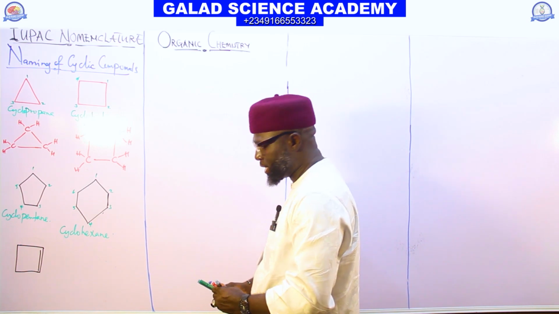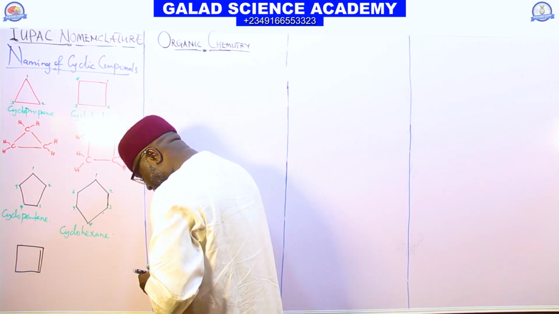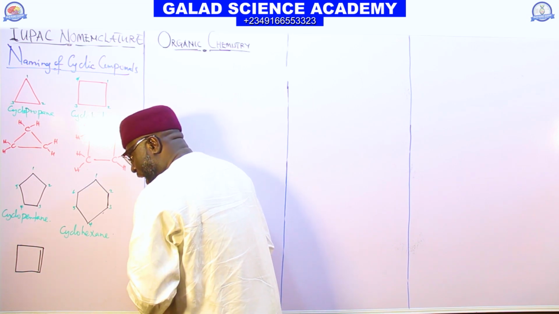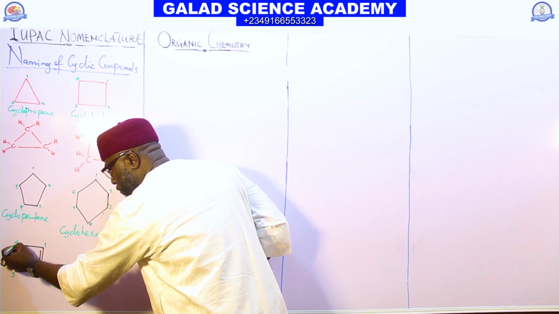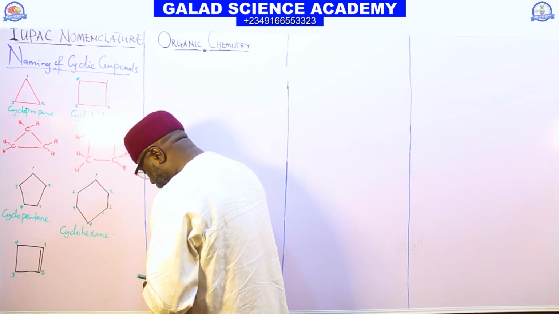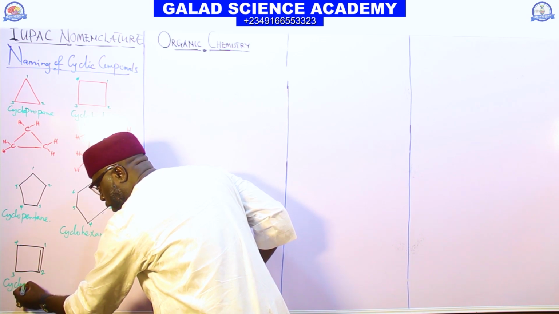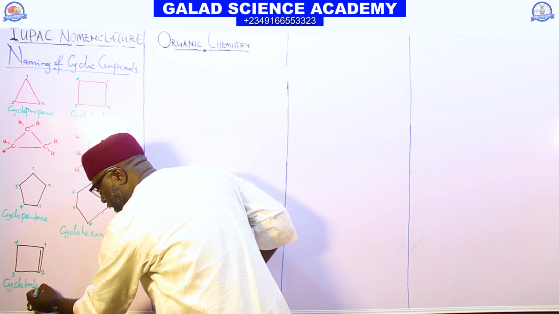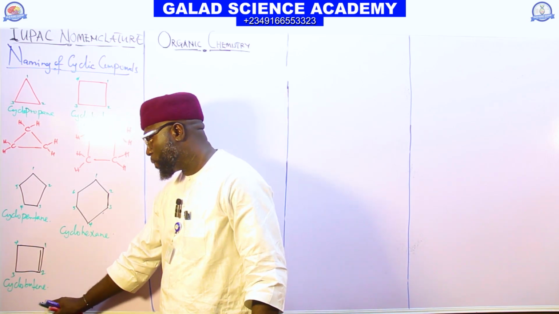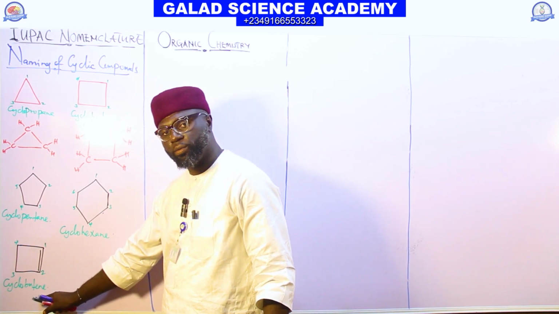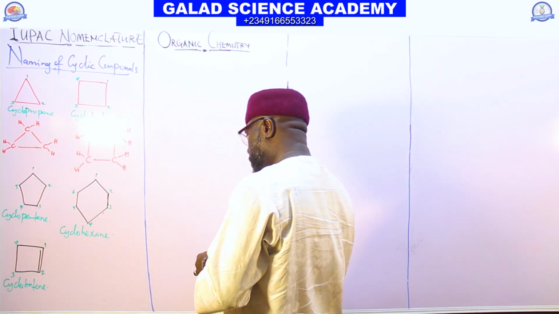Can you see it? This double bond here is no more in the ring, it's like an alkene. We number it 1, 2, 3, 4. What do we now call the name of this compound? We call it cyclobutene. Or cyclobutanone if it has a C=O.